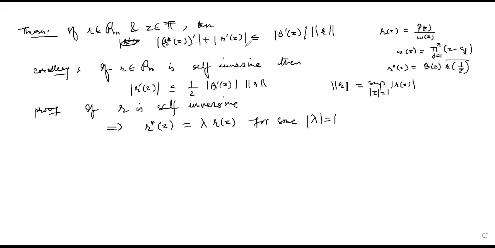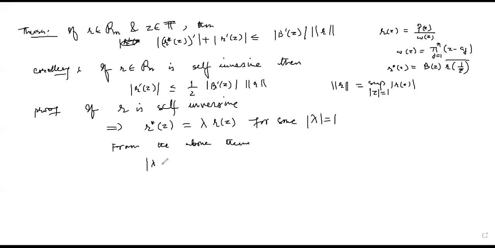Therefore, if I apply the above theorem, in place of R star(z) there will come lambda into R(z). So from the above theorem, if I substitute this definition, I need to find its derivative.